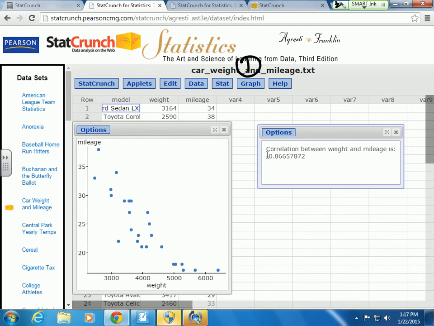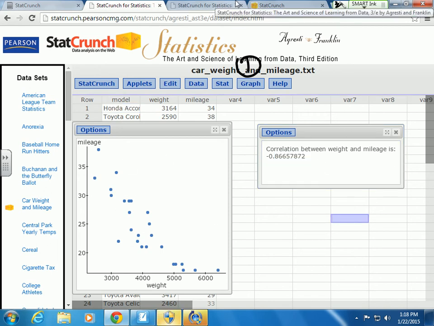We expected the negative number to come out because of the negative trend in this data. We expected it to be somewhat close to negative 1 because our data points are really tight together, not spread out into a wide range. So that's how we express the correlation coefficient using our software, StatCrunch.